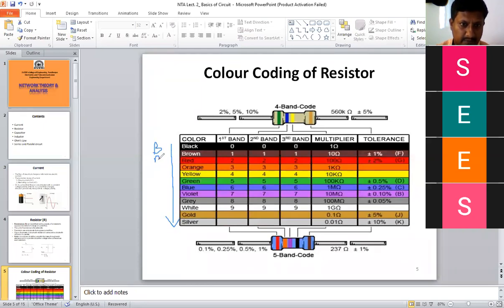BB Roy. Great Britain. Very good. Wife. Okay. So wife needs what? Gold and silver. Right or not? Wife needs gold and silver.